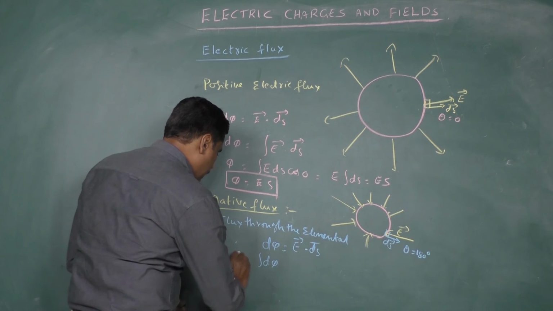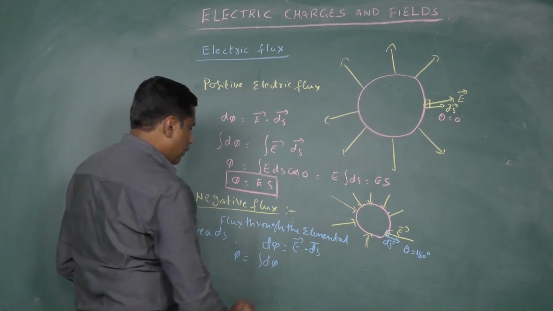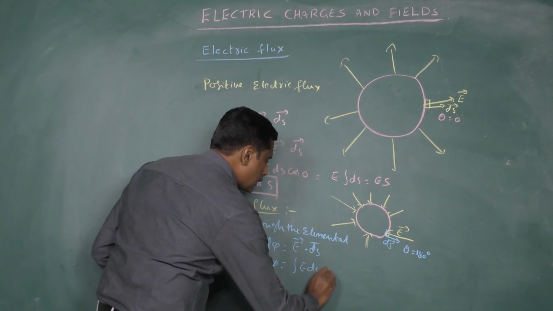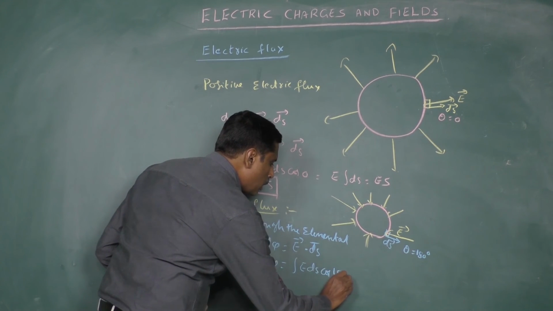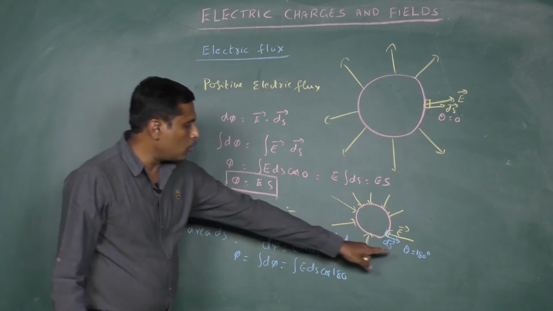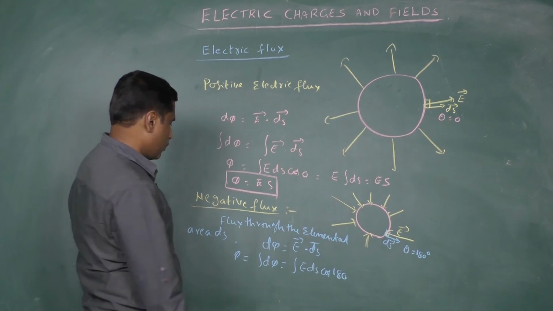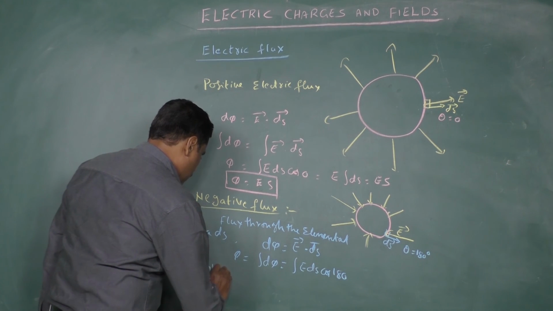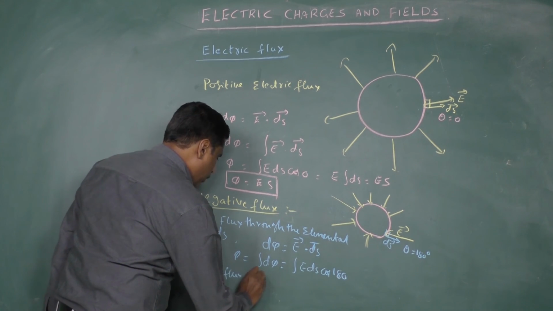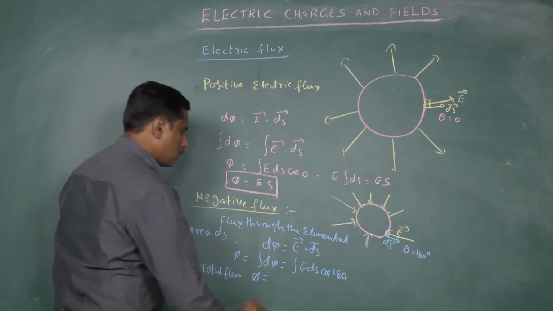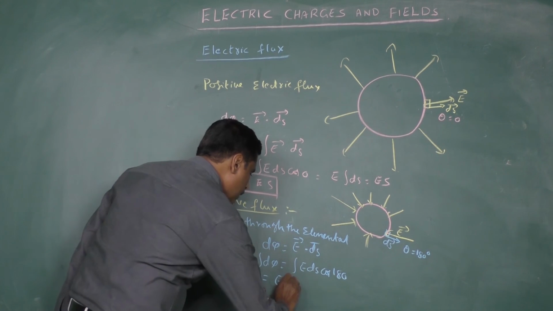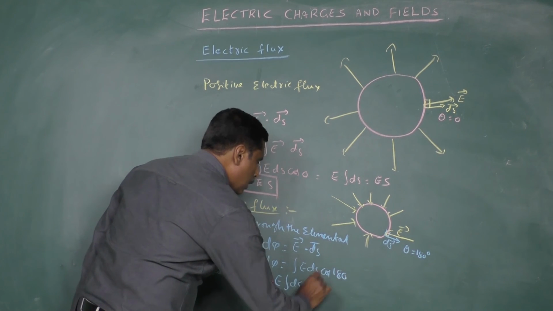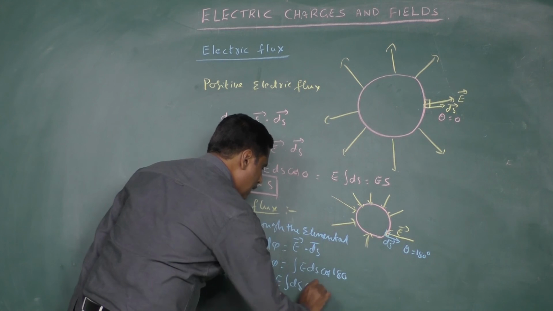Therefore, you can write phi is equal to integral d phi, that is equal to integral E ds into cos 180. Here theta is equal to 180 degrees. Therefore, the total flux phi is equal to E into integral ds into cos 180, which is minus 1.